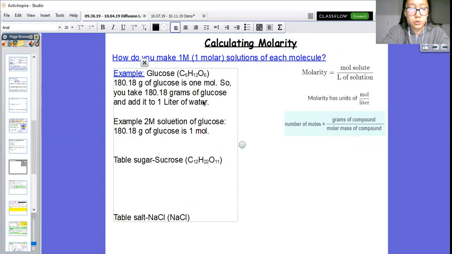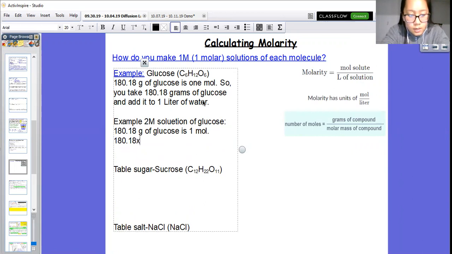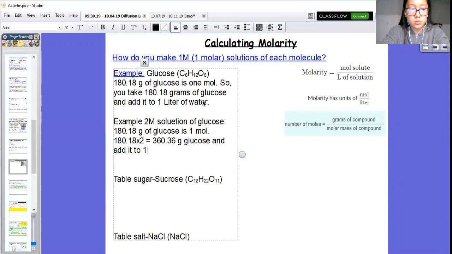So you're going to do 180.18 times 2, which equals 360.36 grams of glucose, and add it to 1 liter of water. And that will give you a 2 molar solution of glucose.